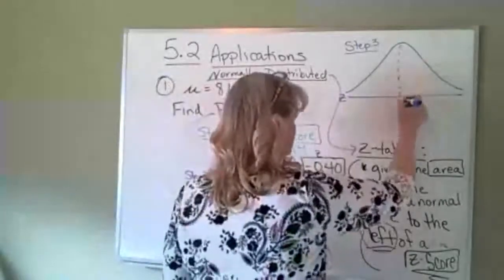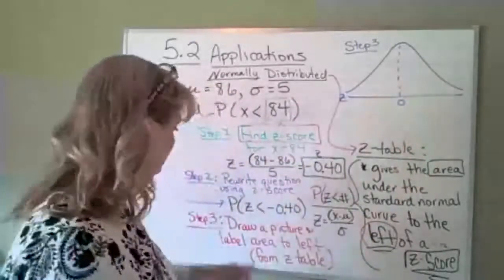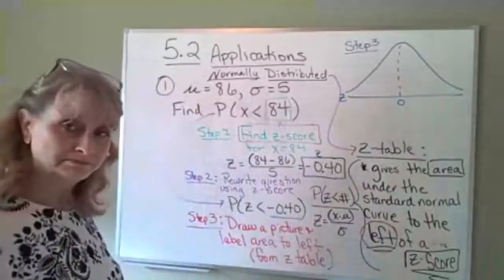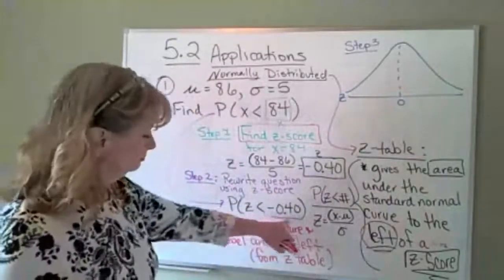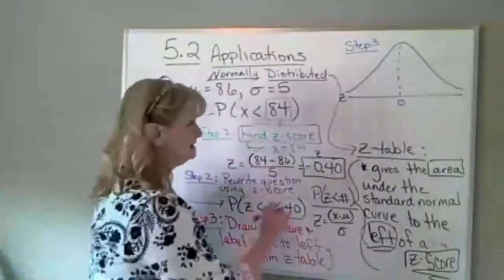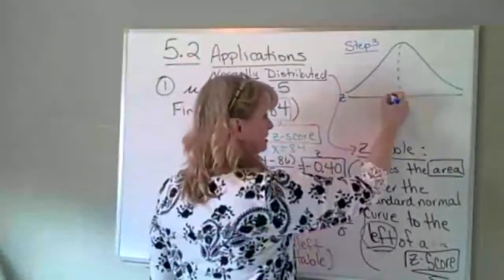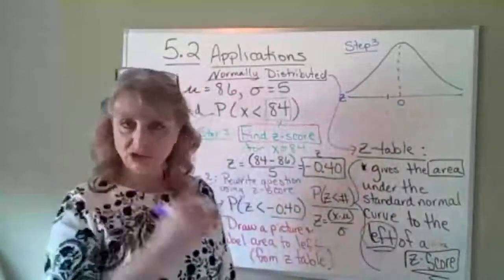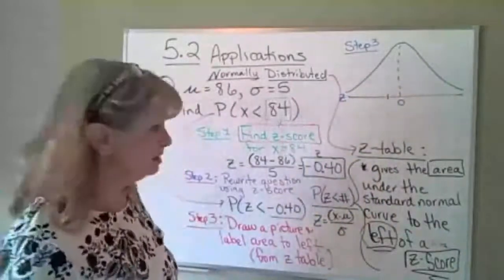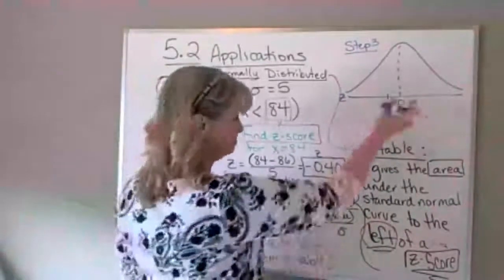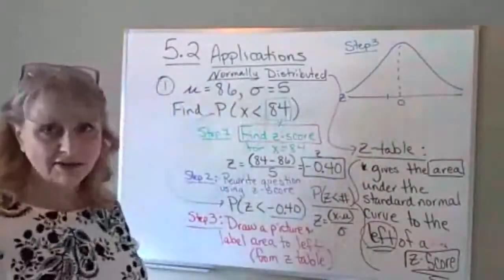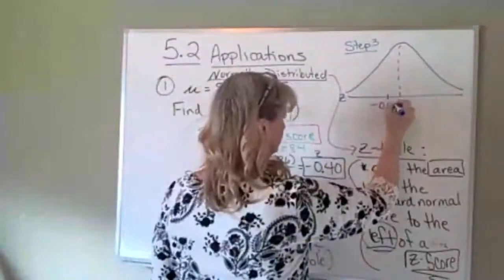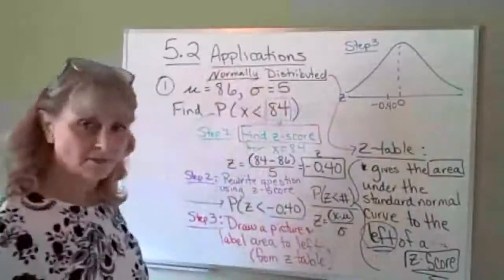I like to put 0 in the middle so I can indicate where the score I'm going to put on my picture goes. Since it's negative, it's going to be over here. Now it would probably be closer to 0 than what I put it, but that's okay. You just want to put it on the correct side of 0. Since it's negative, I'm putting it on the left. I'm putting it pretty close because this isn't that close. It's not even negative 1. So I'm going to put negative 0.40 right here.